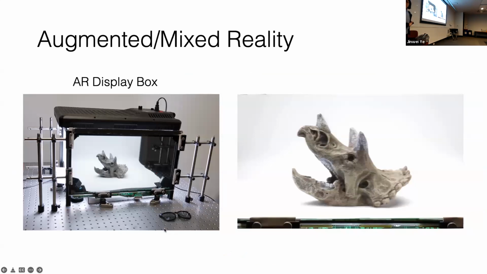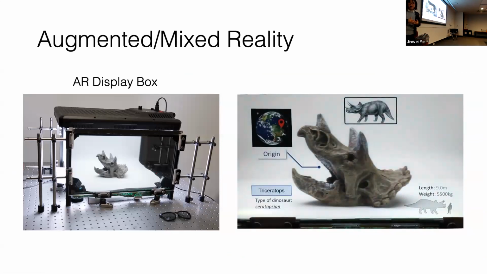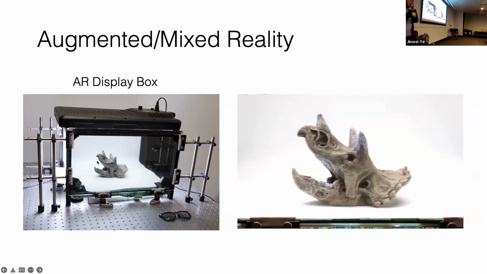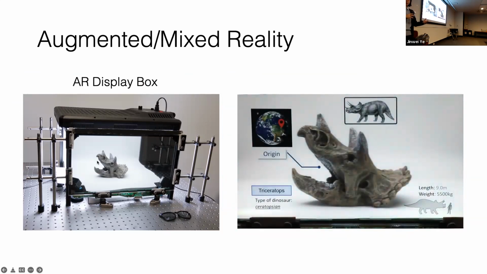And also, we have some application on augmented and mixed reality. This is related to the polarization display that I've shown you in the second work. So we can also make it into an AR display box. Think about a scenario in a museum exhibition or department store.